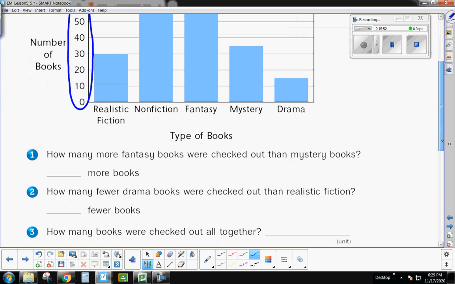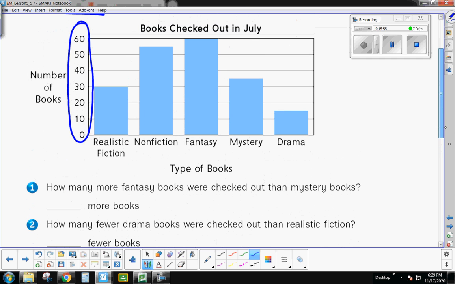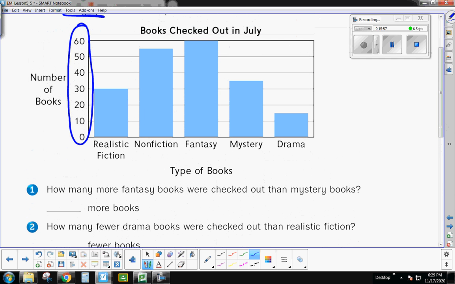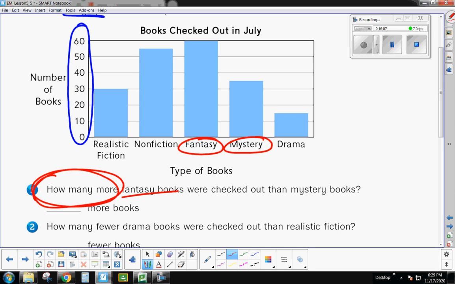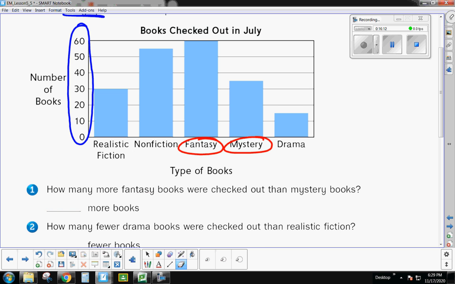All right, so looking at number 1, it says how many more fantasy books were checked out than mystery books? So boys and girls, I am comparing fantasy books with mystery books. When I'm finding how many more, I am comparing. That means I'm finding the difference. What kind of math do we do when we're finding the difference? I'm going to subtract between those two, right?